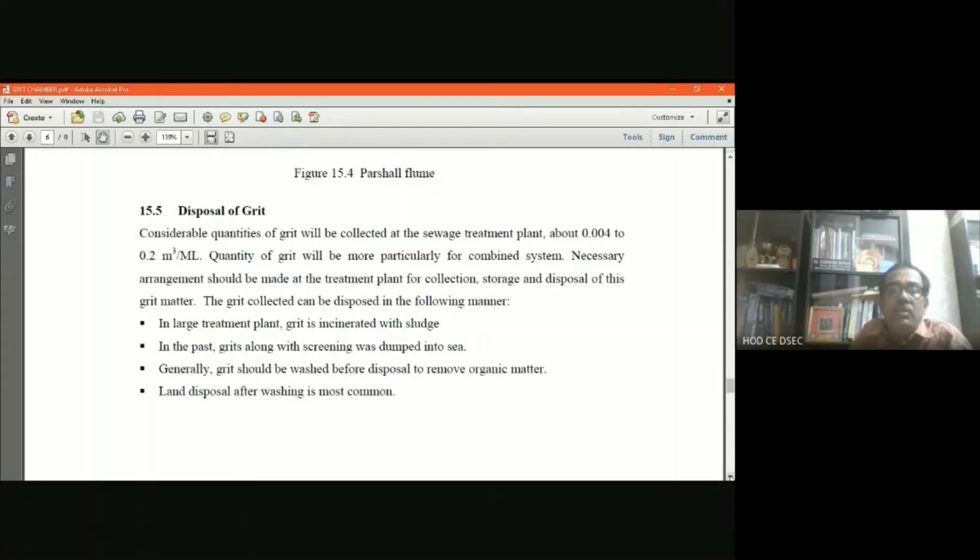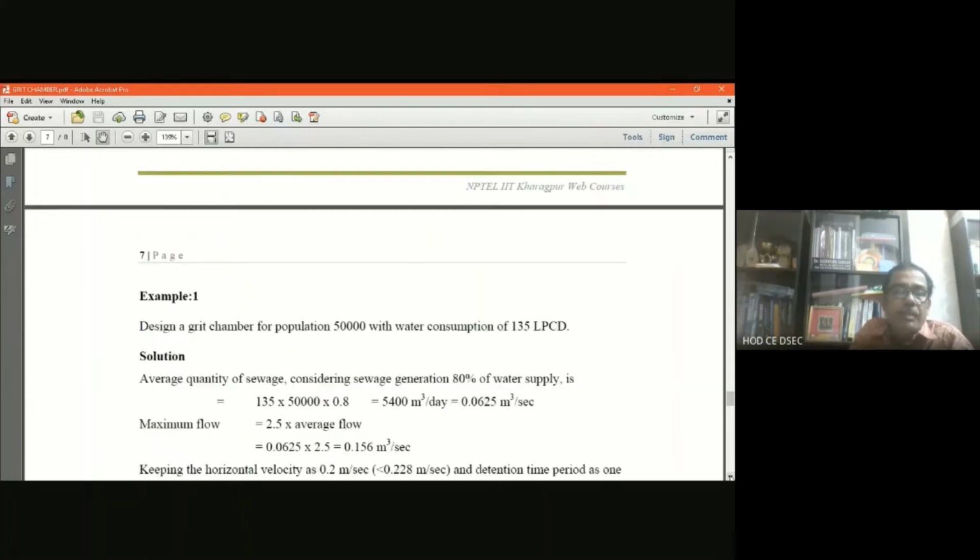The quantity of grit will be more, particularly for a combined system. Now the grit collected can be disposed of in the following manner. Either in the last treatment plant grit is incinerated with sludge, or grit with screenings is dumped into the sea, or grit should be washed before disposal to remove organic matter, and land disposal after washing is most common.